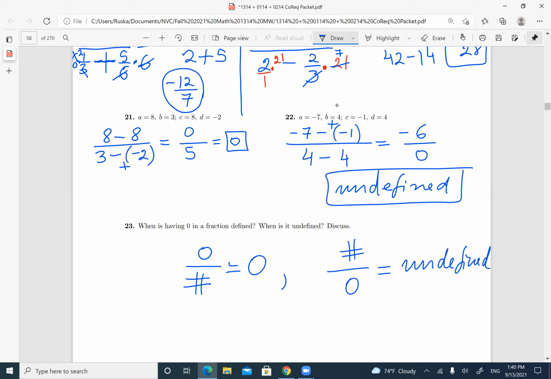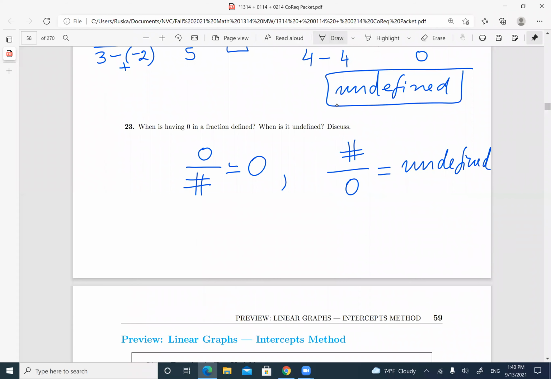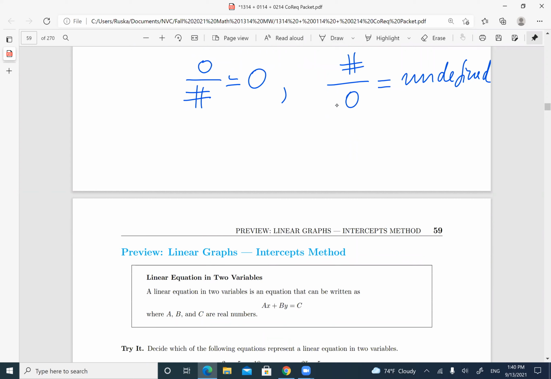Okay, everybody see the difference? Any questions? Okay, so that was the prep for graphing a straight line. So we're going to continue at page 59.